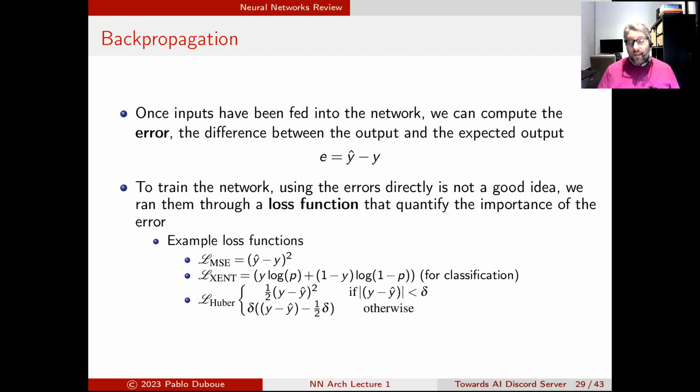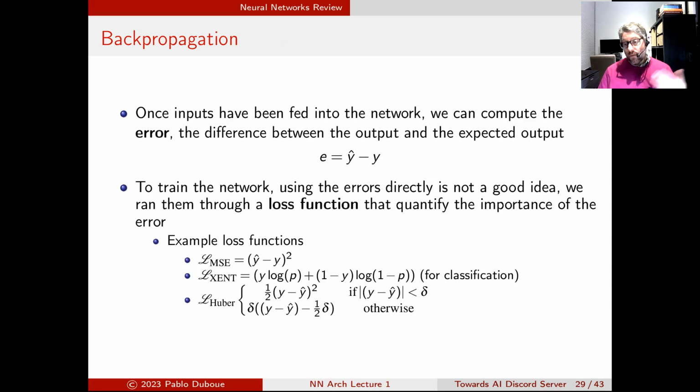So to train these, we use backpropagation. If we want to know how the system is behaving, we can compute the error, just the difference between the expected output and the output we get. However, training using the errors directly is not a good idea, because we want to quantify the importance of the errors for particular tasks we are doing.